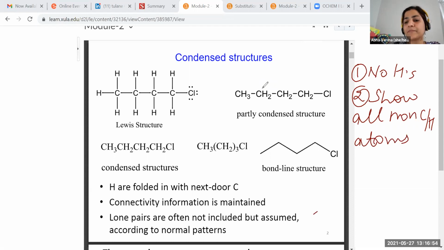So for example, if I have this structure, I am writing the hydrogens with my nitrogen, right? How many carbons are in this particular structure? Anyone? 3.